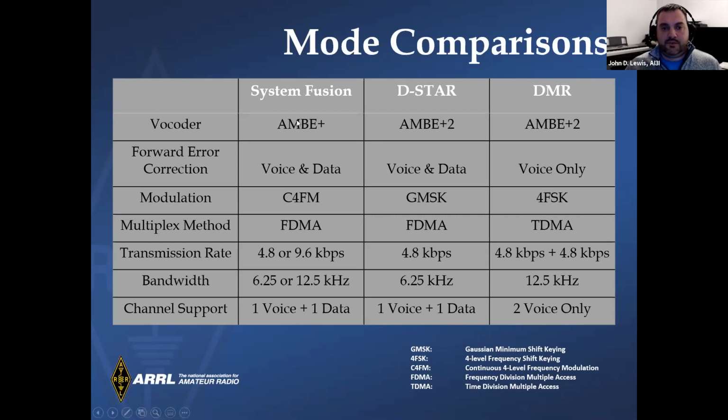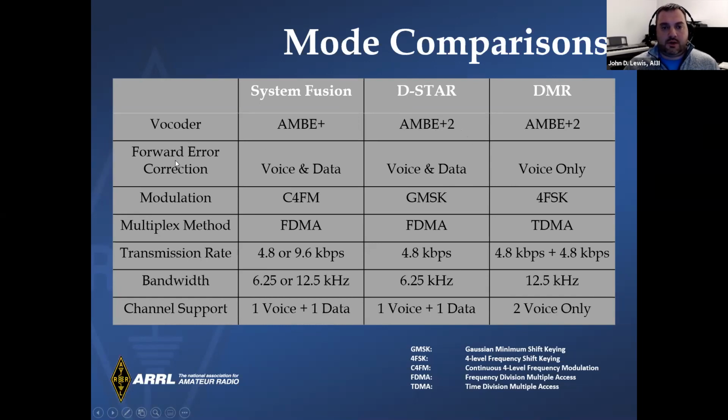So the vocoder just uses an AMBE plus, so nothing really exciting here. Basically, what this hints at is a later generation vocoder, plus the vocoder supports certain bits of data here. In the big picture, day to day, it's not going to matter.